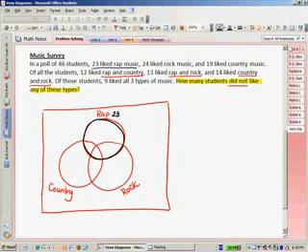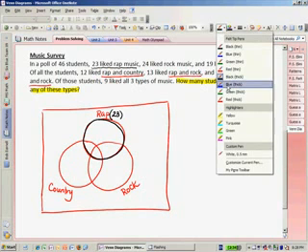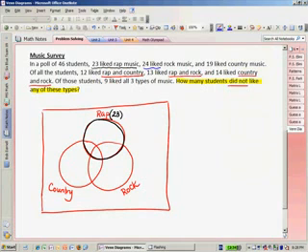So I'm going to put a little note to myself that 23 students like rap. I also notice that 24 students like rock music. But again, I don't see the word only. So 24 students must fit inside this circle. And again, I've got 4 different sections in there.